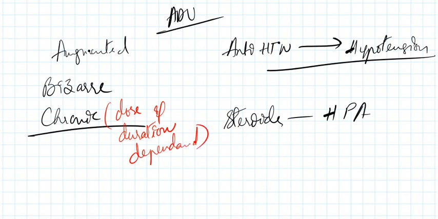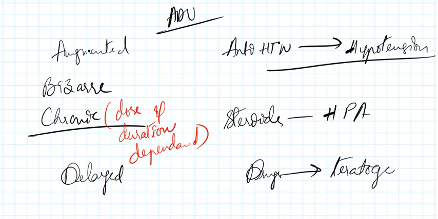Remember this. Now one more type of adverse reaction is delayed, which means you observe this adverse reaction after a long period of time. What is the example for delayed? Drugs causing teratogenicity.